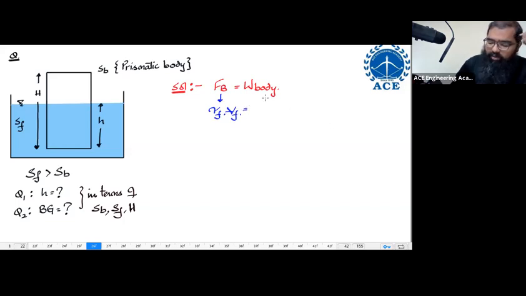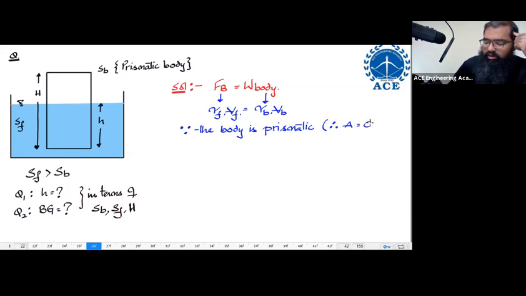What is the formula for weight of body? It is gamma of body multiplied by volume of body. Now, since the body is prismatic, prismatic means cross section is constant. Therefore, area has to be a constant.